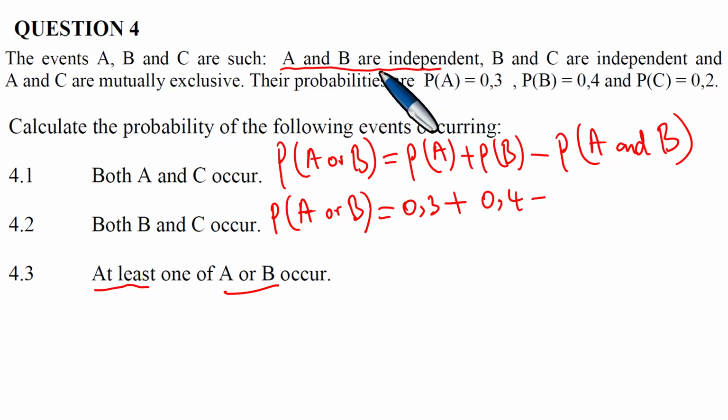A and B are independent. If A and B are independent, we proceed to say this is the probability of A multiplied by the probability of B.